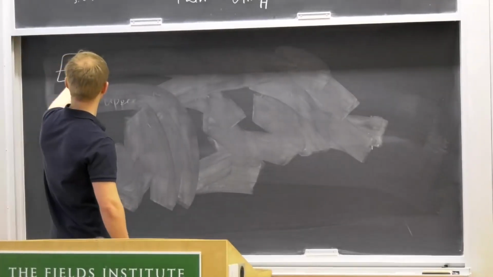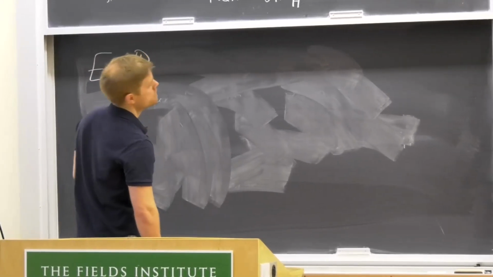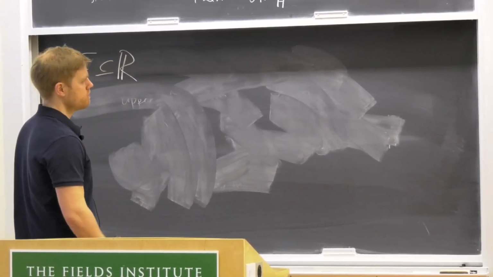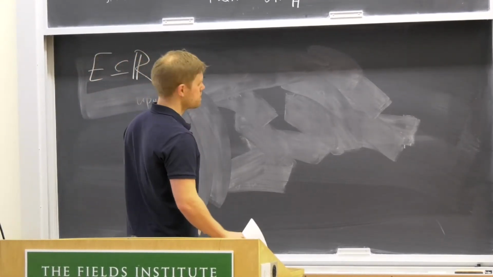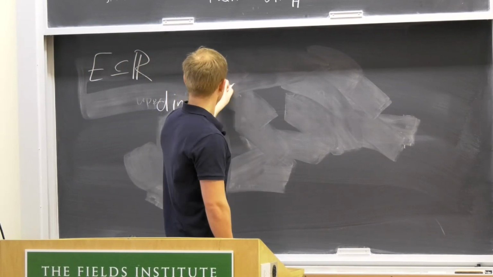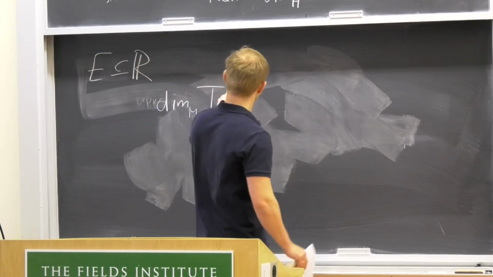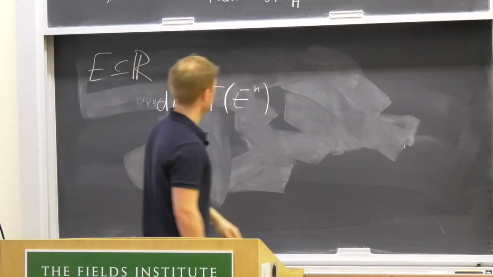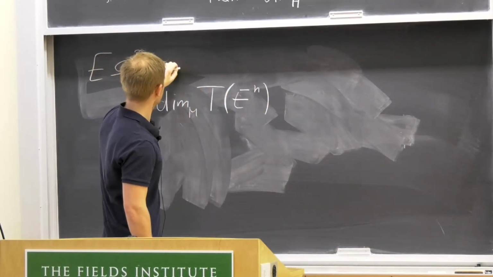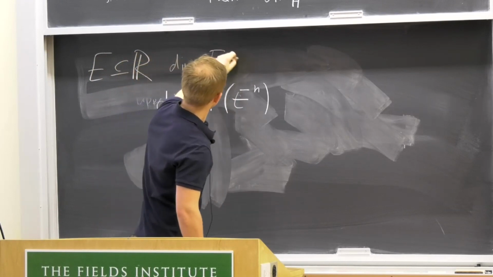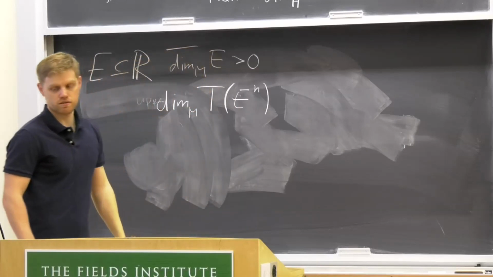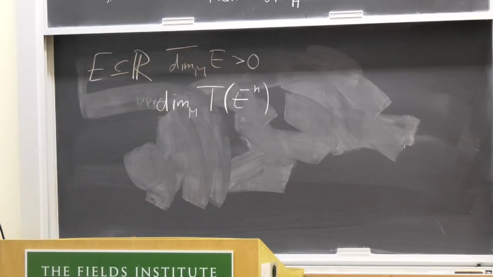So what we're interested in is the special case that E is a subset of R. And we want to find a linear map such that the dimension of, let's write it, E to the N. Suppose we have a set that has positive Hausdorff dimension, positive upper Minkowski dimension.